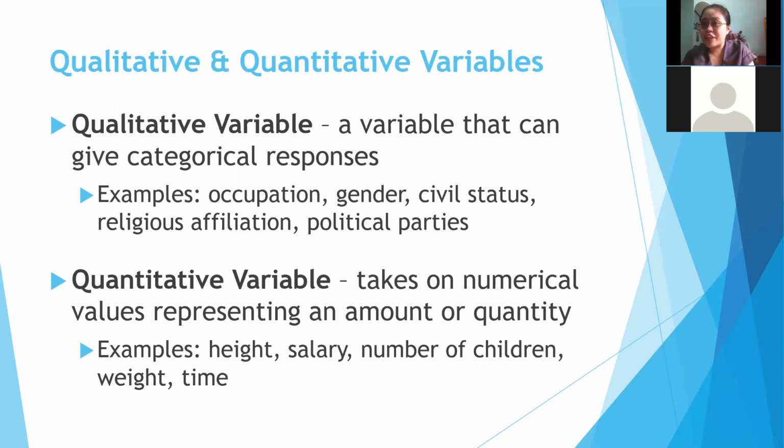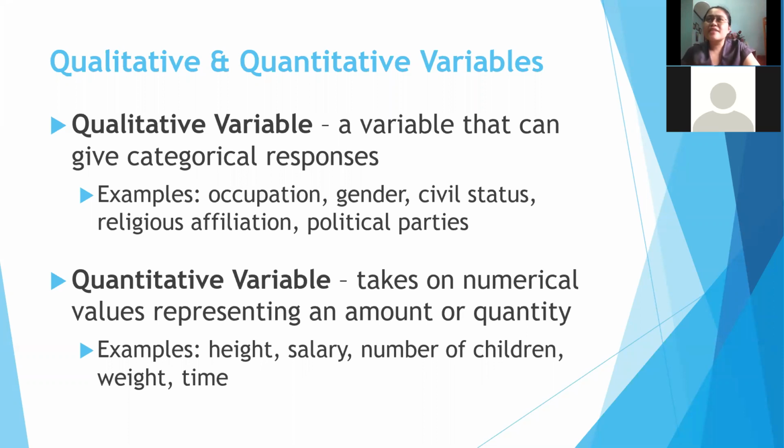So what is it again? Category. By category, we can separate them according to their preferences. Civil status also is a qualitative variable, because we can classify or categorize civil status like single, married, widowed. And then religious affiliation also.